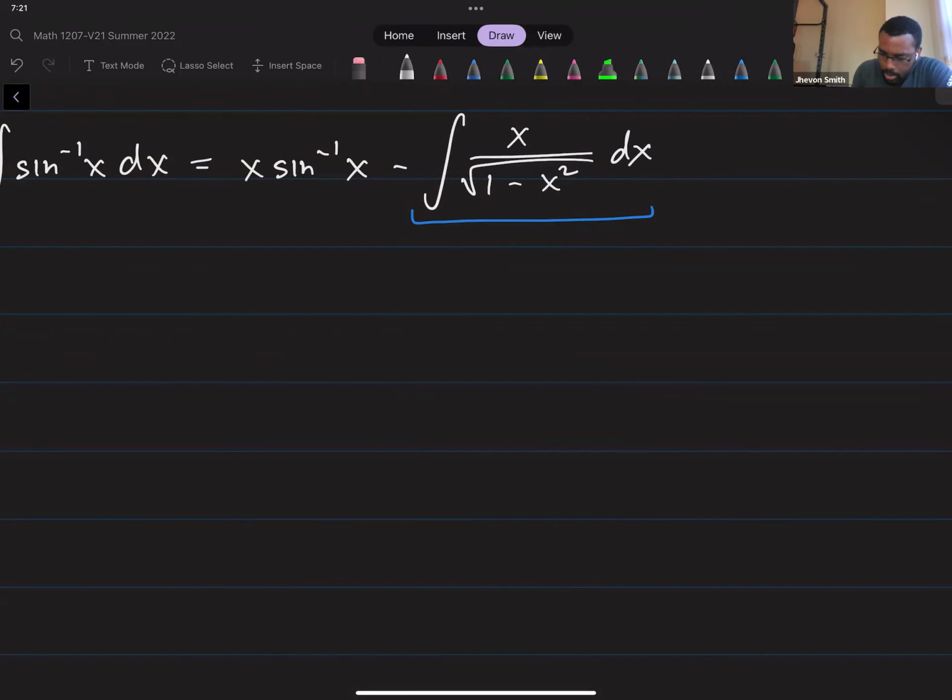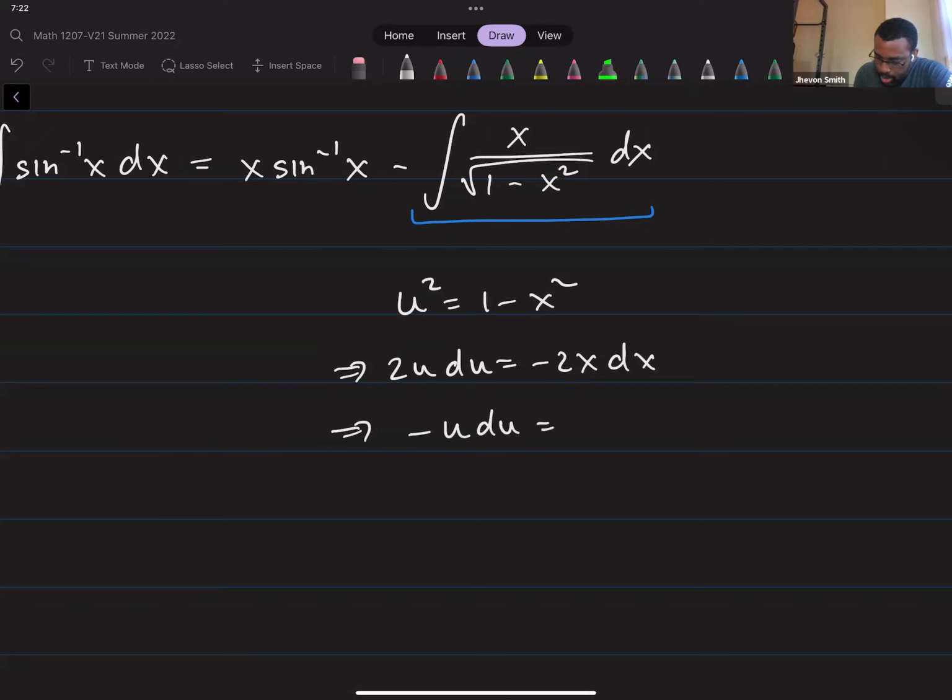I would do something a little bit nicer and do a u squared substitution. That would be nice, right? Or you can think of it as u equals the radical of 1 minus x squared. So differentiate that: 2u du is equal to minus 2x dx. Or in other words, minus u du is the x dx.